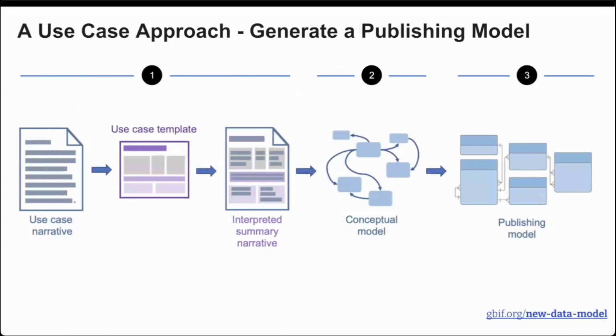B, minimize obstacles to data publishing based on insufficient depth, such as structure, richness, such as available fields, or semantic rigor. And C, to support the most diverse possible set of scientific questions in balance with the two preceding principles.